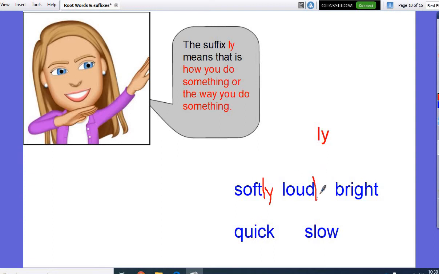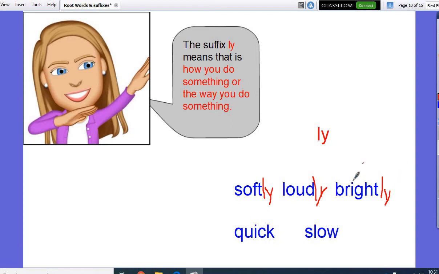Or loudly. If I put ly on loud, I'd end up with loudly. And that's the way that you're doing something. You're doing something loud. Like if you walk down the hall loudly, that's how you're moving. Or the same thing for bright. If I put ly on it, that's how something is shining. It's shining brightly. Like the lights on the Christmas tree might shine brightly.